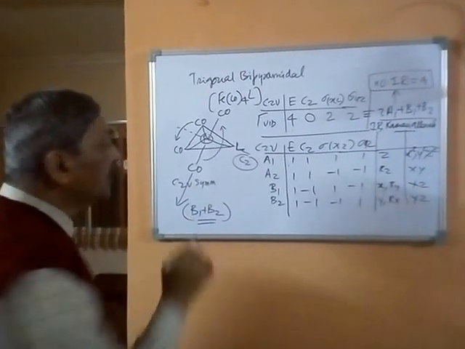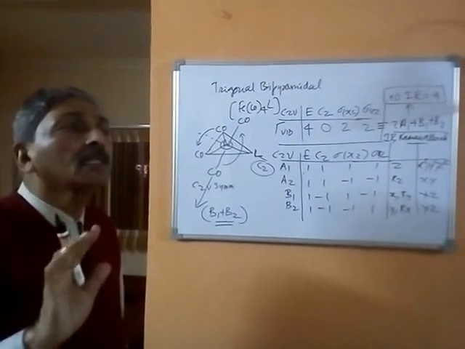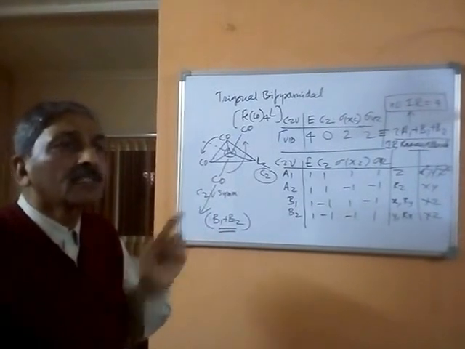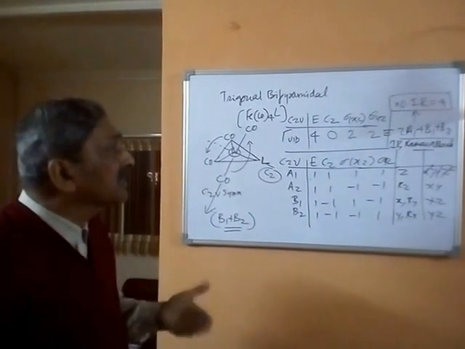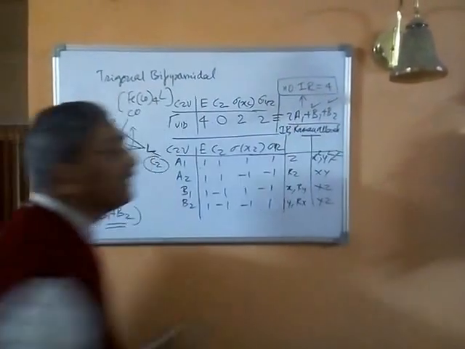Now remember, this B1 and B2 did not exist in our C3V symmetry case. So that means the combination band could not exist in the C3V case. But yes, it existed in the C2V case, because you can see you have a B1 as well as a B2.